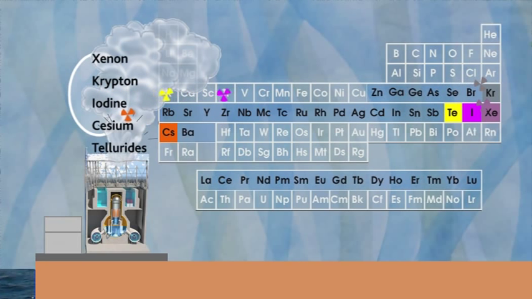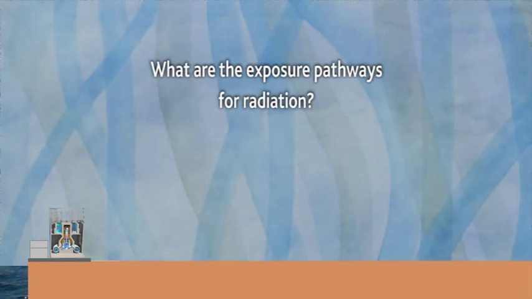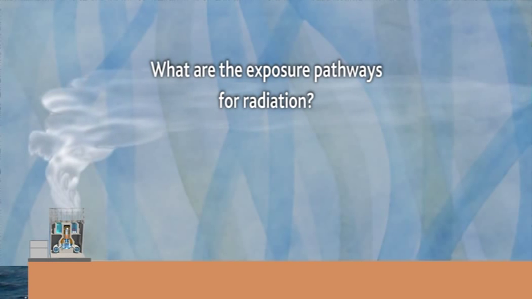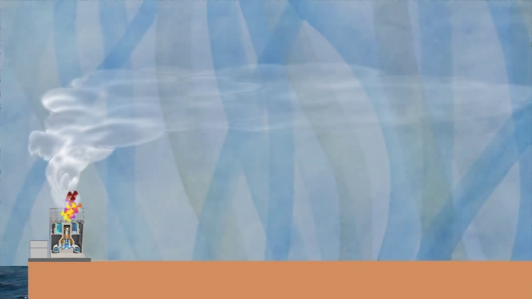In an accident involving radioactive release, radioactive gases such as xenon and krypton and volatile elements such as iodine, cesium, and tellurium are dominant fission products that are released into the environment. Radioactive pollutants are dispersed by wind in the form of a contaminated air mass called the plume.